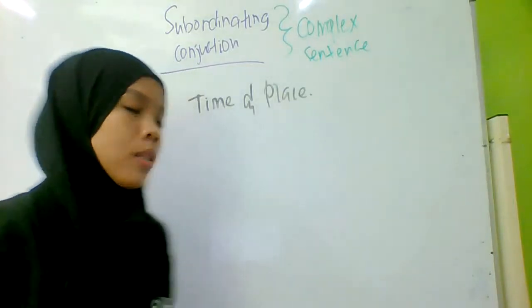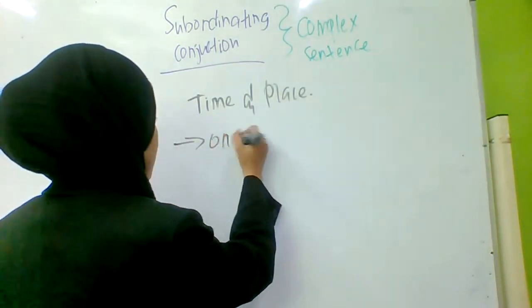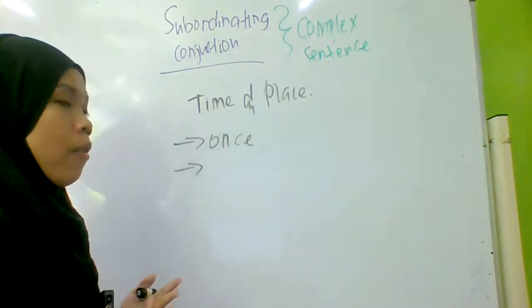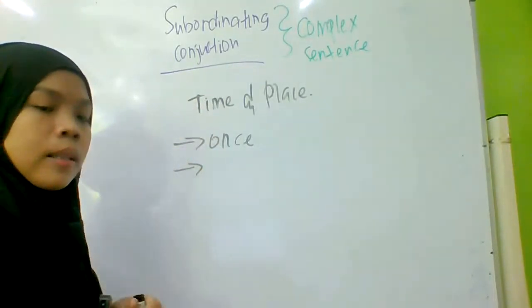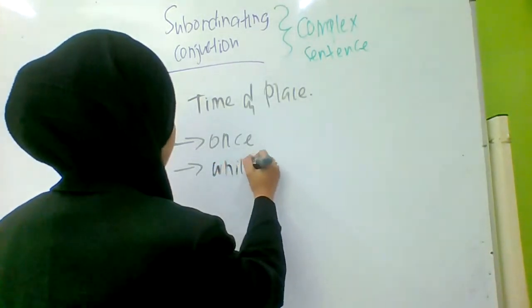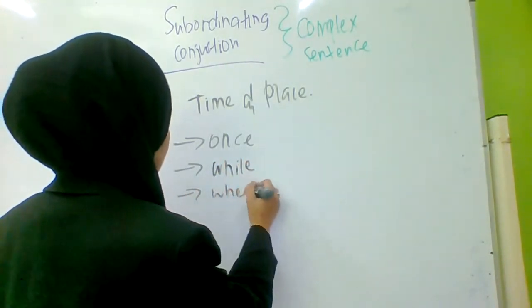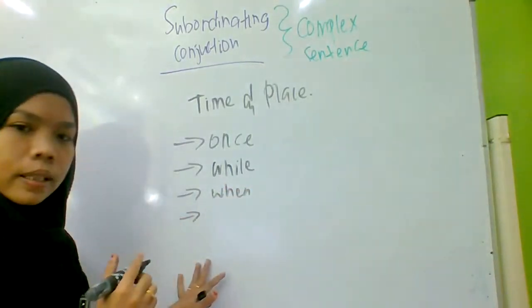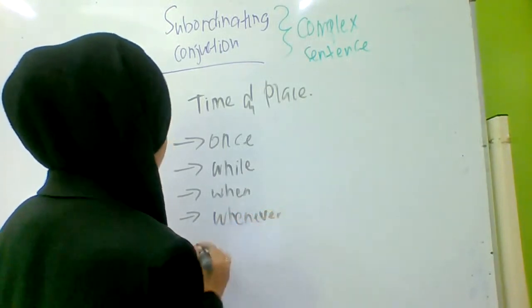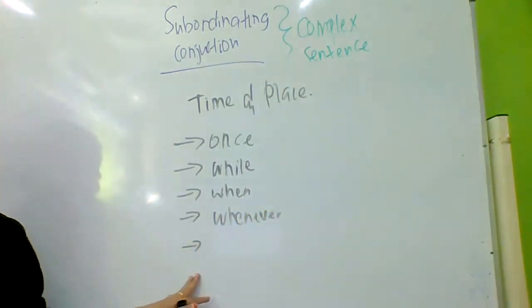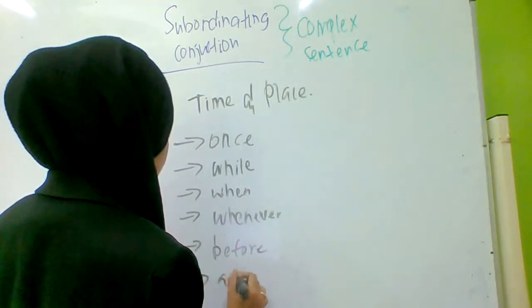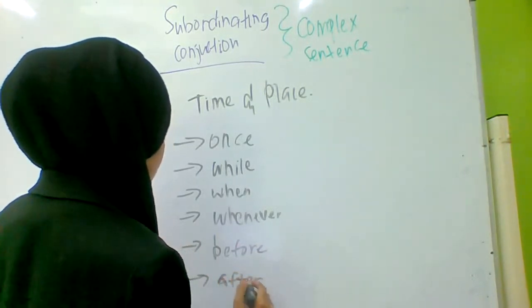Some examples we have: once. If you want to transition from one sentence to another time or place, we have while, when, whenever. Actually there are a lot, but the most common ones are before and after.